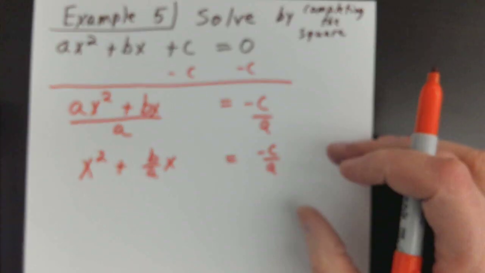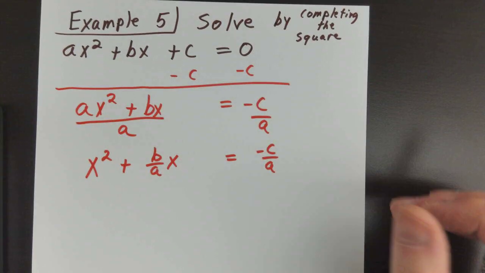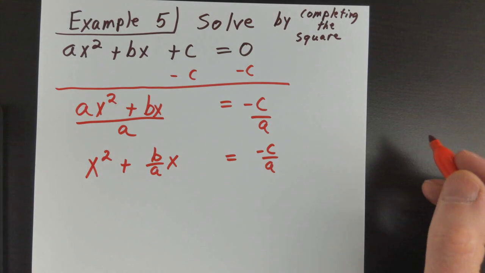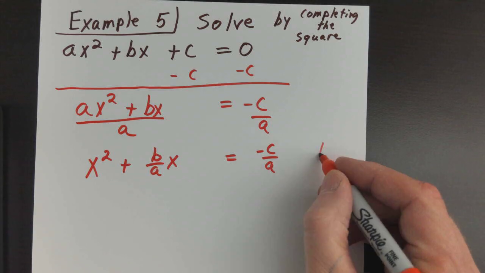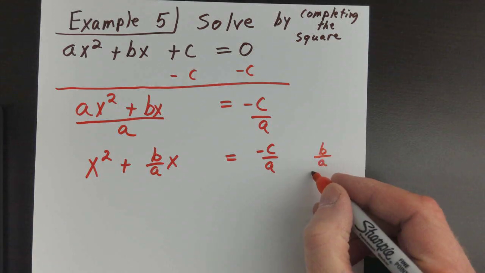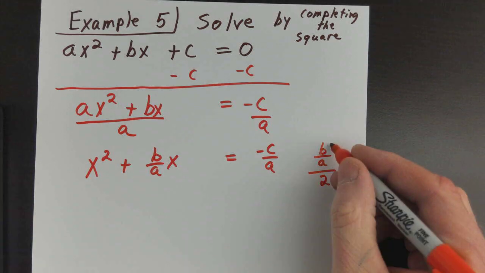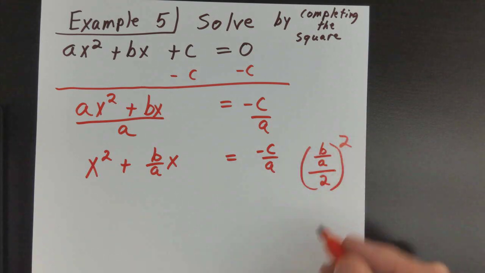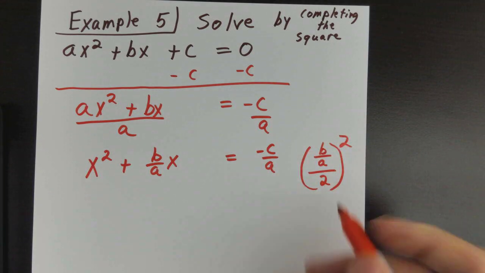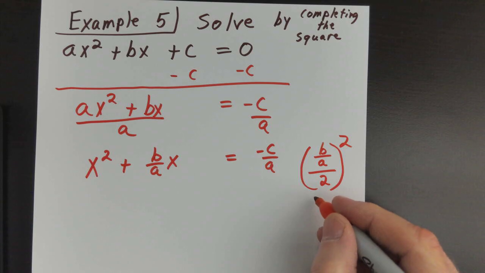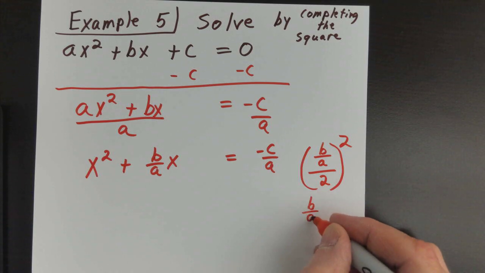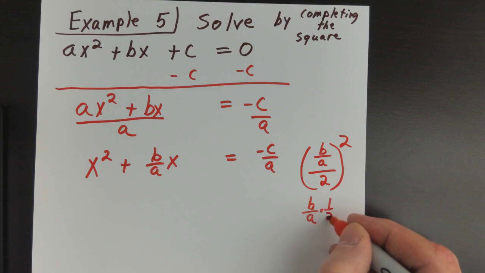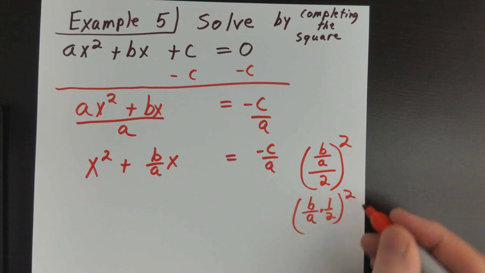Okay, this is, again, going to be very general. We don't have specific numbers here right now. So I need to take the coefficient of x and divide that by 2, and then square that. So let me take b over a, and instead of dividing by 2, since I have a fraction, let's multiply by half.